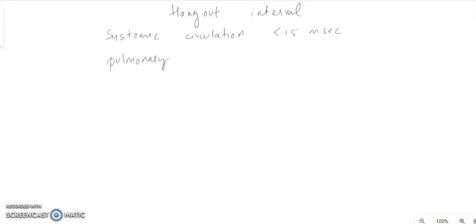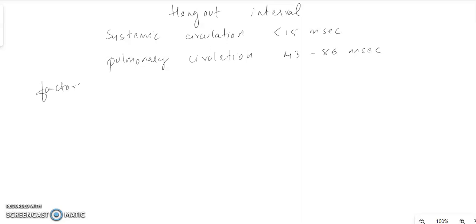So the hangout interval in systemic circulation is less than 15 milliseconds, whereas in pulmonary circulation it is 43 to 86 milliseconds.